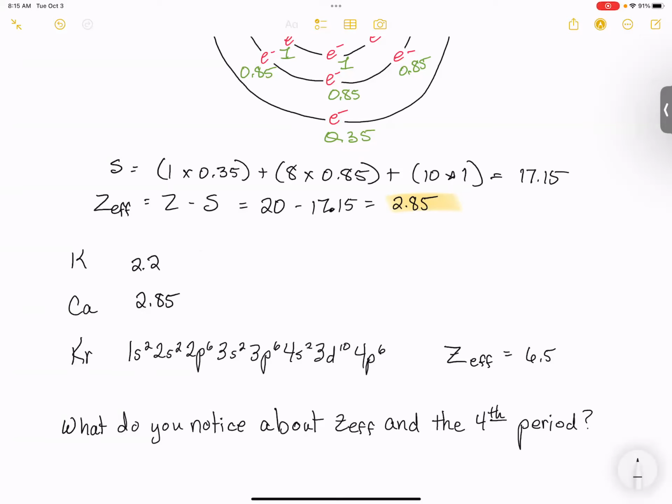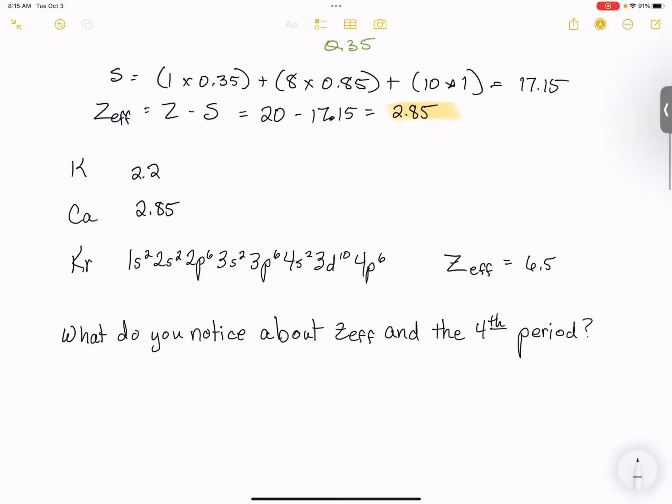Okay. So Z effective increases from left to right across a period.